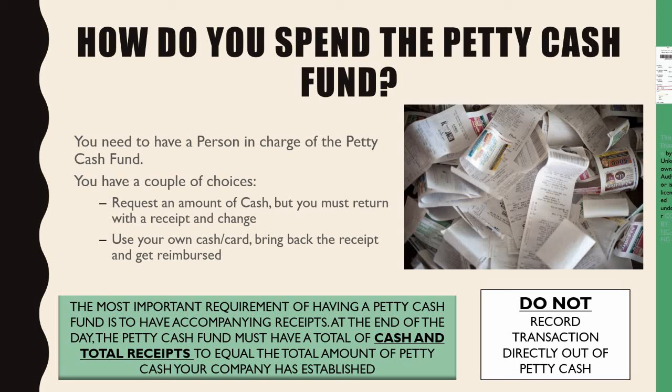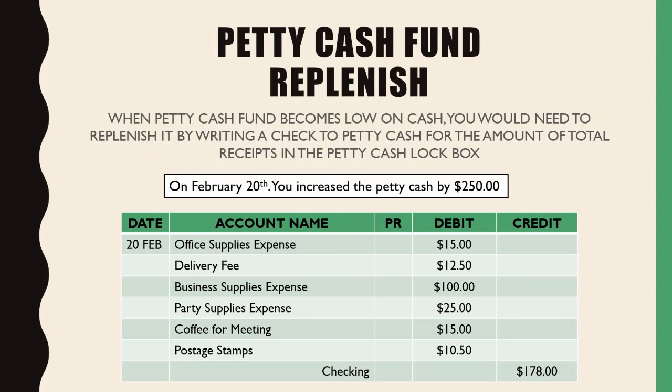So in this case, your lockbox, your petty cash fund, the total amount of receipts that are in the petty cash fund is going to equal the amount that you established the petty cash fund for. So now we're going to reimburse the petty cash fund, and how we do that is pretty straightforward.